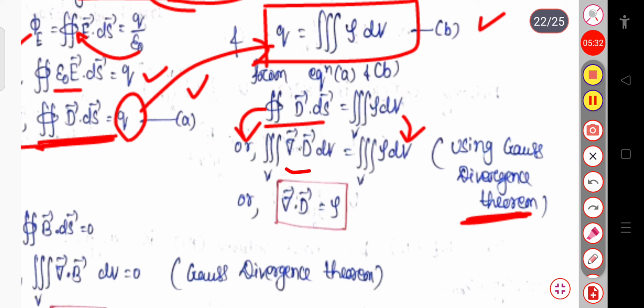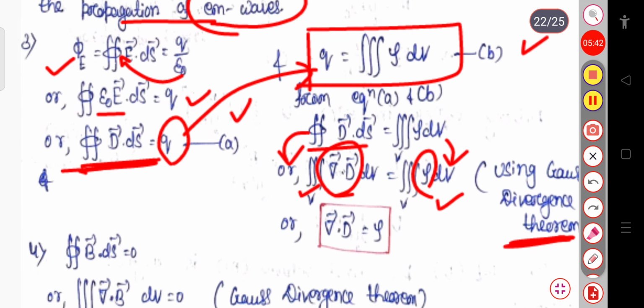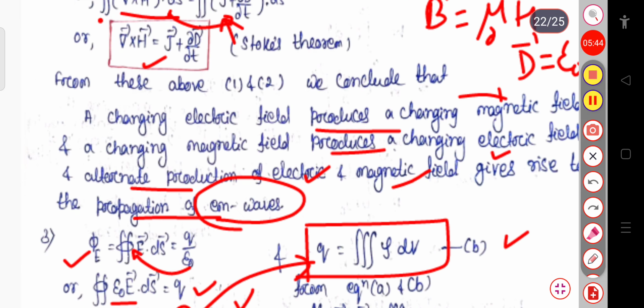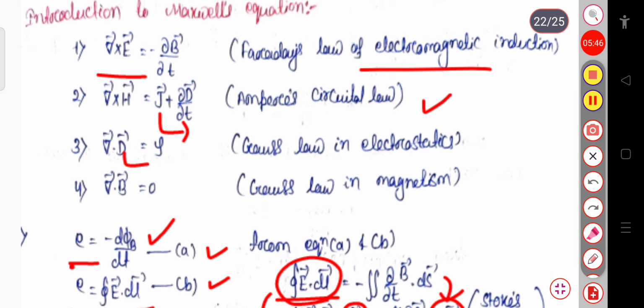So we can write del dot D equal to rho, as both are volume integrals. This is the proof of Maxwell's equation del dot D equal to rho. So this is the third one we have proved.